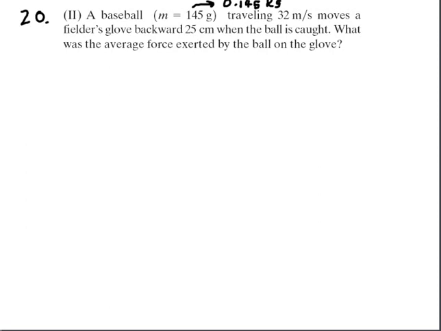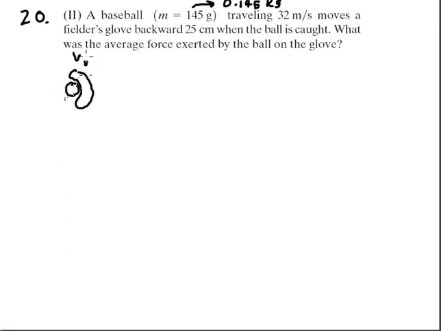So we're going to actually calculate the force exerted by the glove on the ball, and then using Newton's third law, we obviously would then reverse that and then find the force exerted by the ball on the glove. Okay, so basically the ball comes in and is caught by the glove.